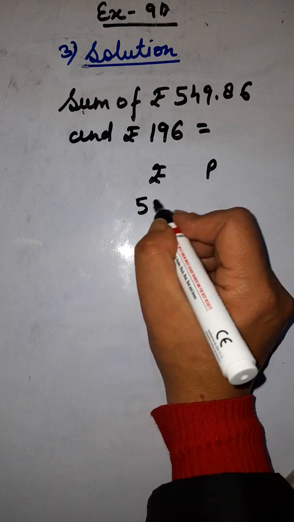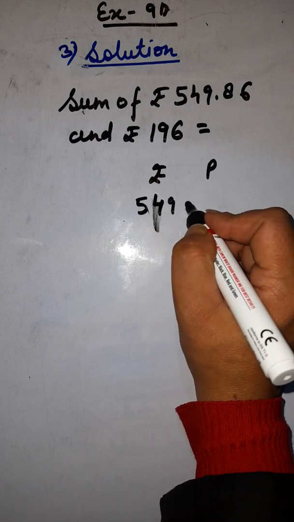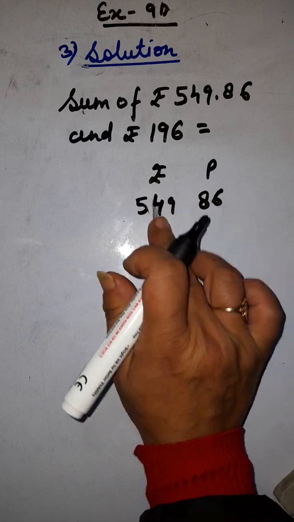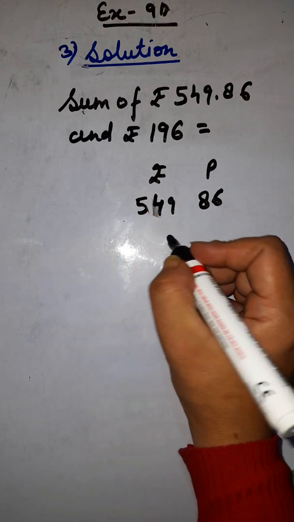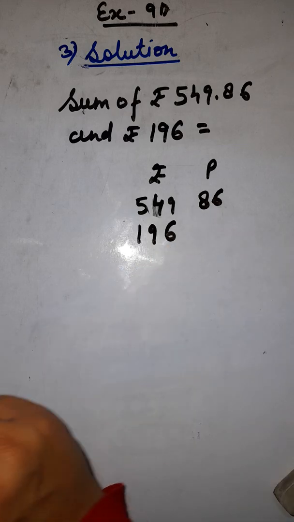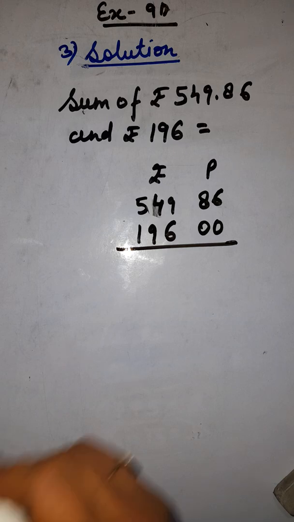So 549 and 86. So no need to put a decimal point here. And here 196. We don't have paise here, so we'll write 0 paise. It means that 0 paise.